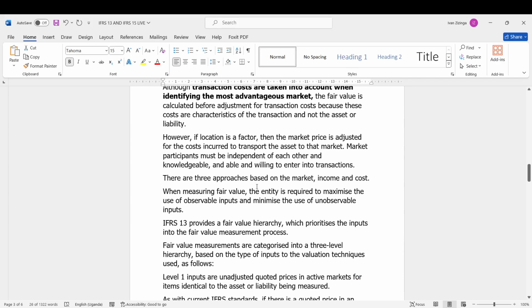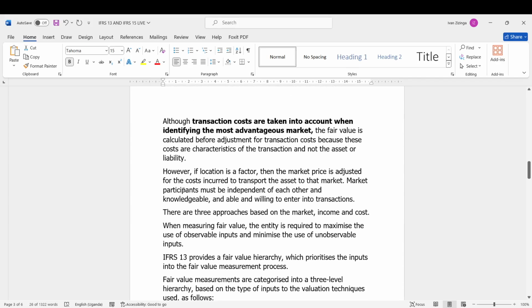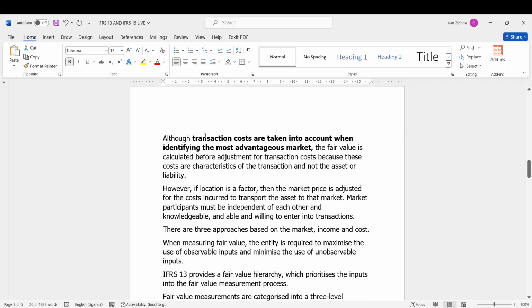So we are saying that the reason we include transport costs and ignore transaction costs when obtaining the fair value of the asset in the most advantageous market is that location is very critical when it comes to the fair value of the asset.